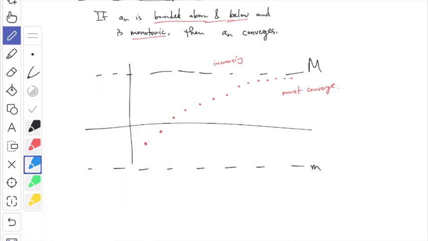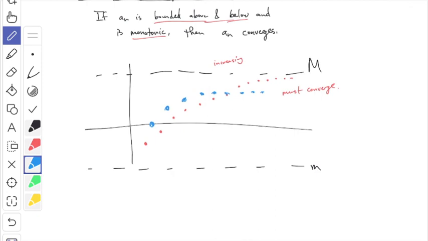How about this? Right? That one also converges, but not to M, right? I mean, it doesn't have to go all the way up to the top. It could go anywhere in between those two bounds. It could converge to, all right?